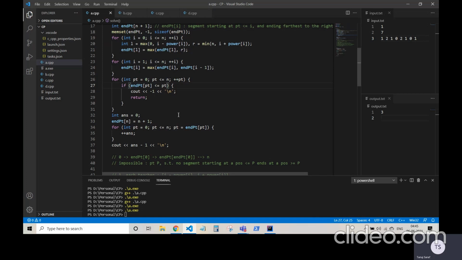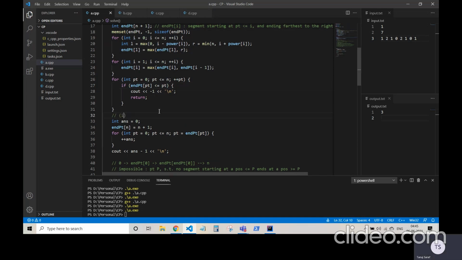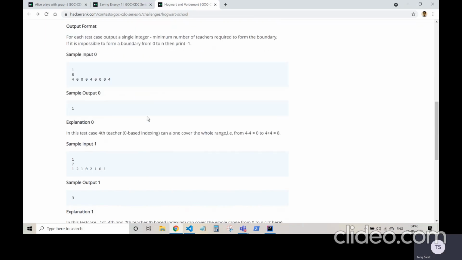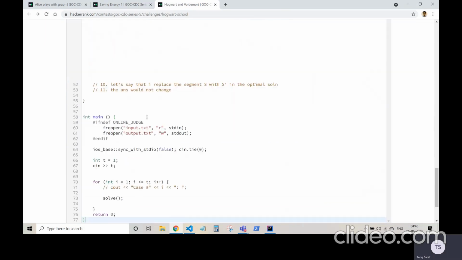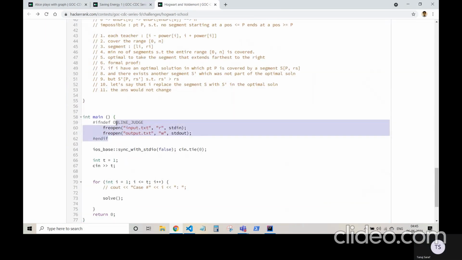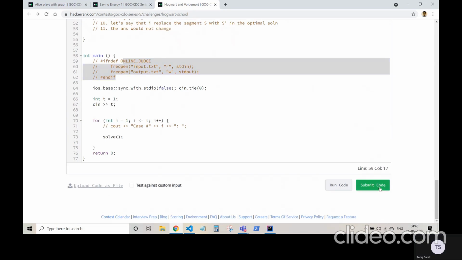No, I need to cover the range which starts at exclusive of I, and goes till n inclusive, right? So the endpoint of point has to be greater than point, otherwise it is impossible. So this was the case that was missing. Now this should work.